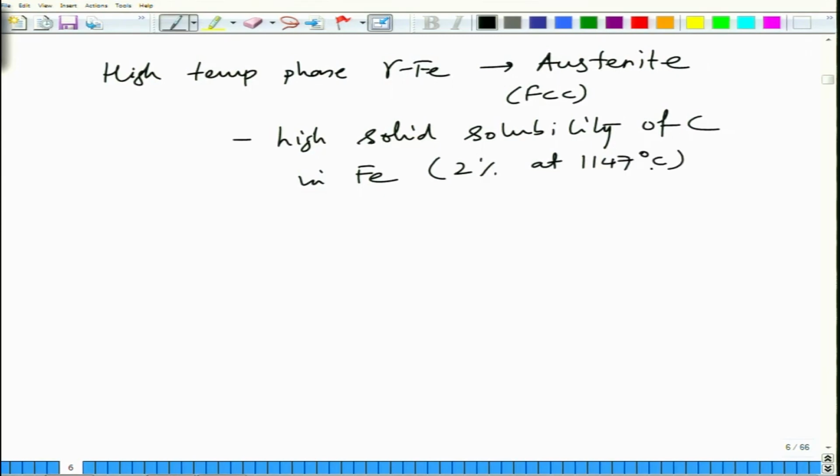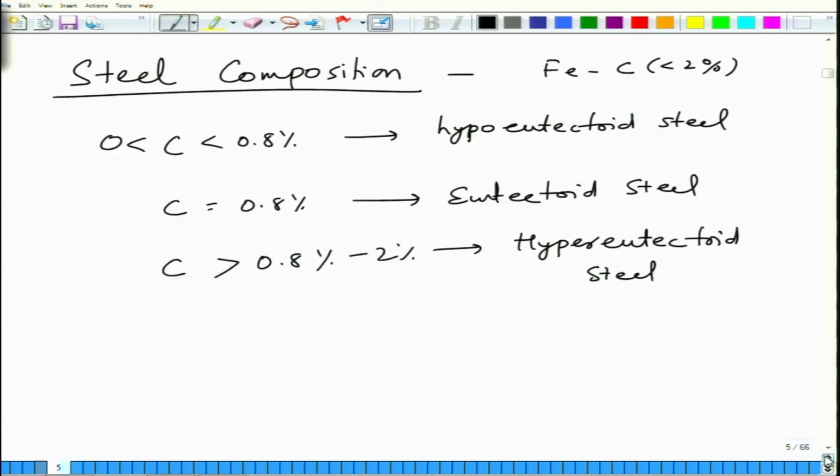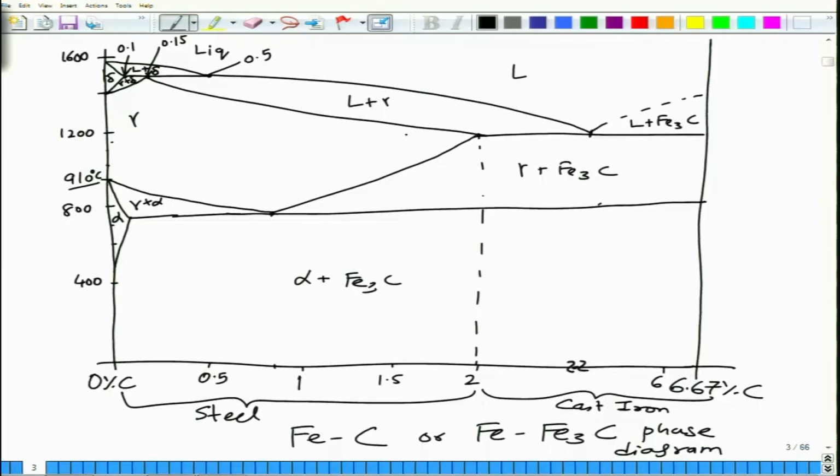The solid solubility of carbon in gamma Fe goes down this line. So this is 2%, this is 0.8%. It goes down from 2% to 0.8% as you decrease the temperature.